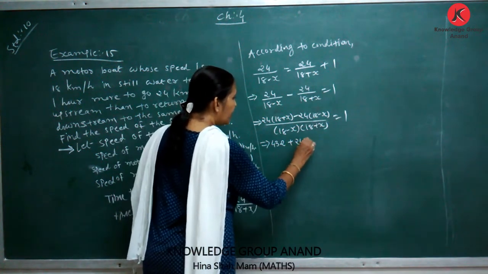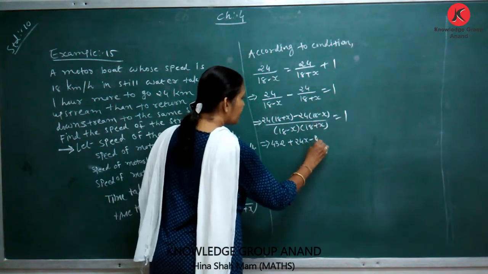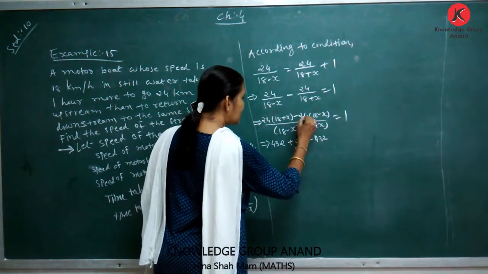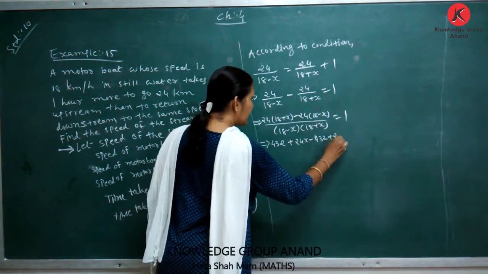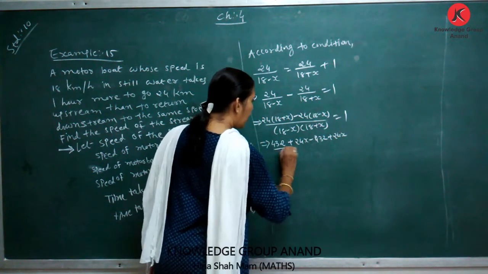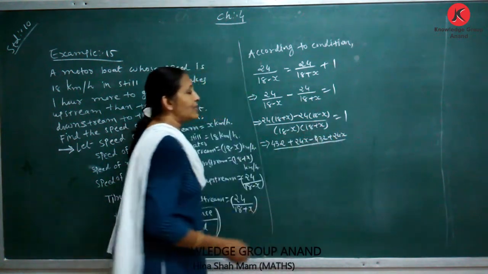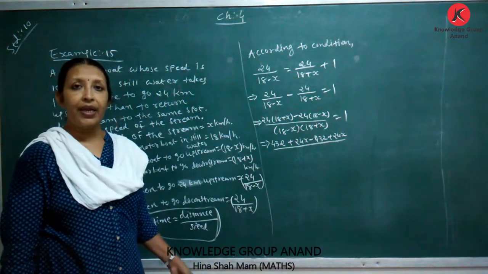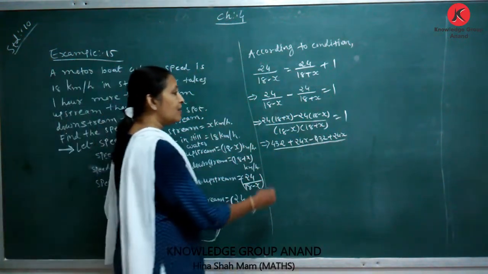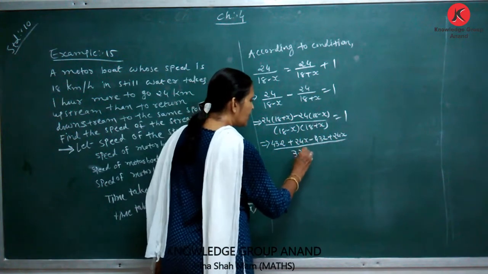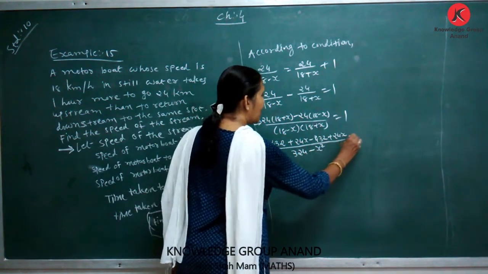432 plus 24x minus 432 upon (18 minus x)(18 plus x), which is 18 square minus x square. 18 square is equal to 324, minus x square.